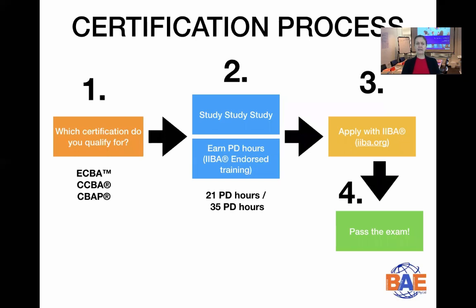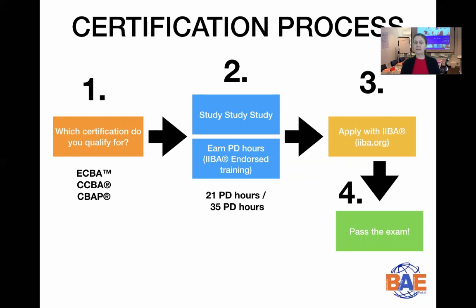Now, just briefly, and this is another popular question, how does it actually all work? How do the PD hours fit in and the training and so forth? So I've just broken it down into 4 steps. First of all, determine which certification you qualify for and which certification you are going to prepare for. So maybe, let's say, the CCBA. The second step would be, all right, now it's time to get studying.